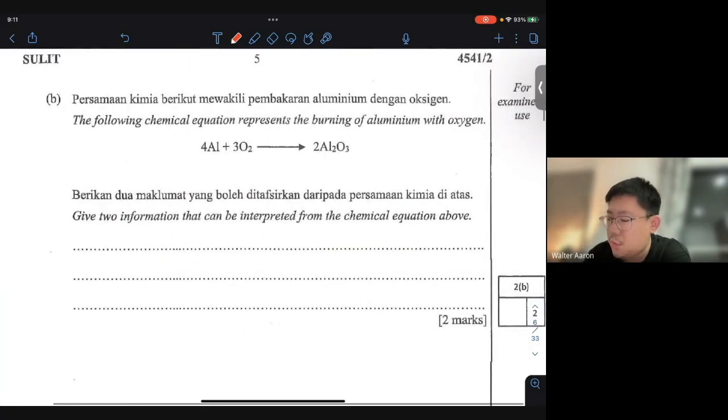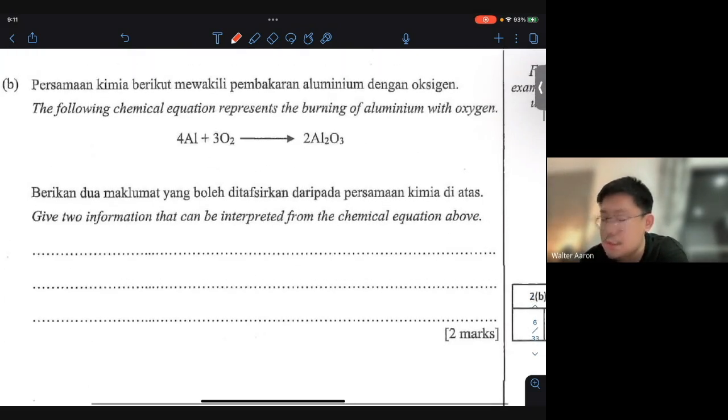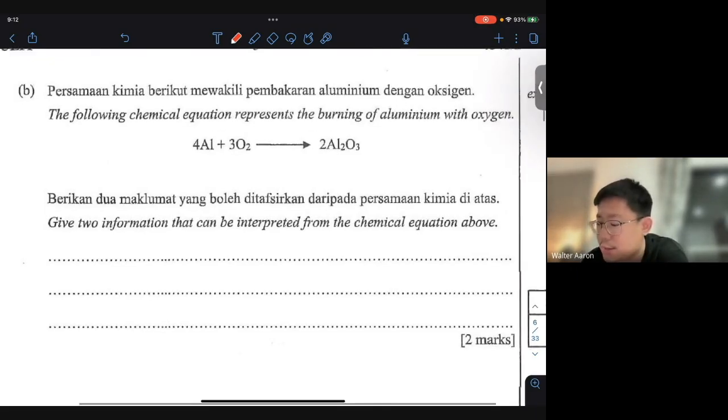The following chemical equation represents the burning of aluminum with oxygen. So when you burn aluminum with oxygen, you get aluminum oxide. Give two information that can be interpreted from the chemical equation above. This is actually more concept. The first thing you have to know is how to interpret this quantitatively and also qualitatively.